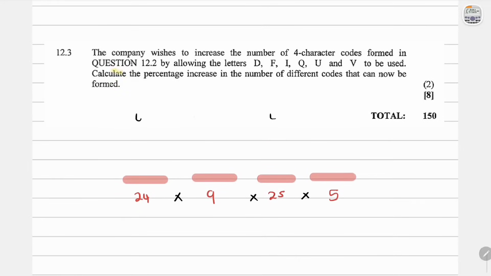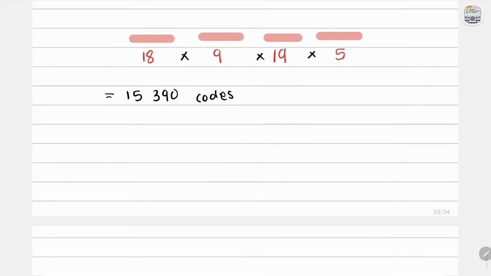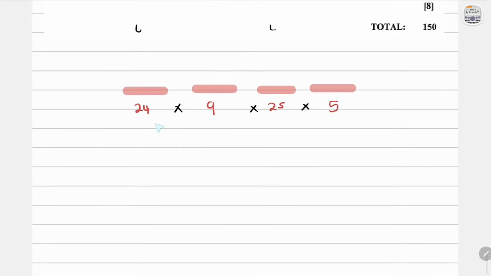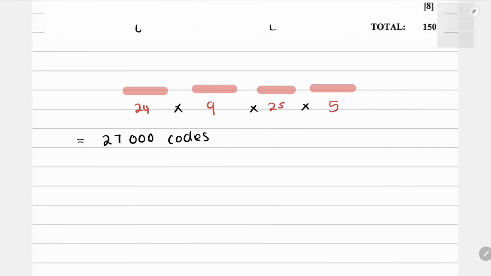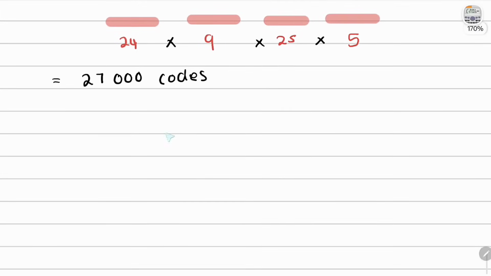But the main goal is to calculate the percentage increase in the number of different codes that can now be formed. Let's find out how many codes we can now have, and that is 27,000 codes.